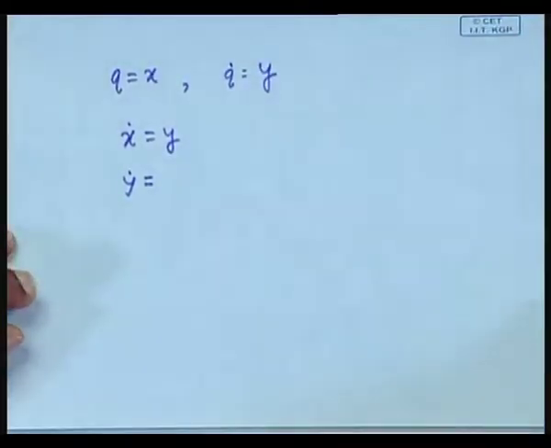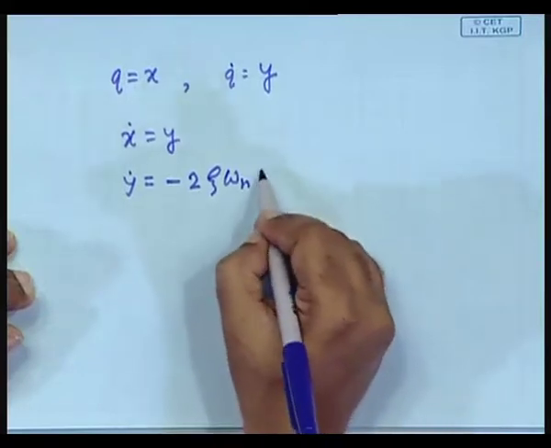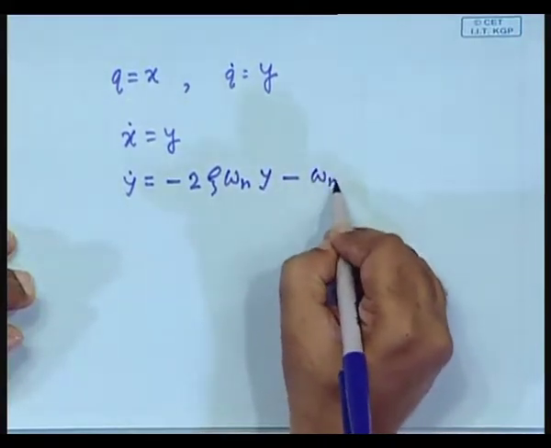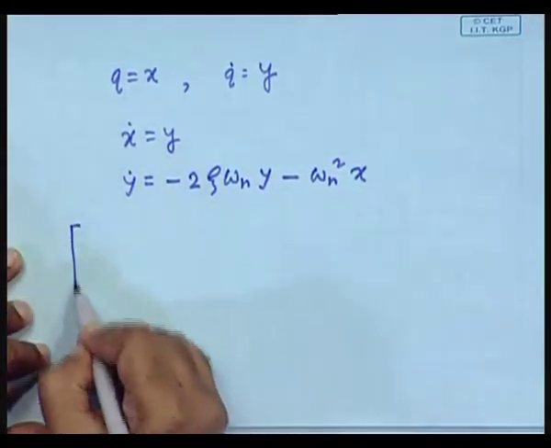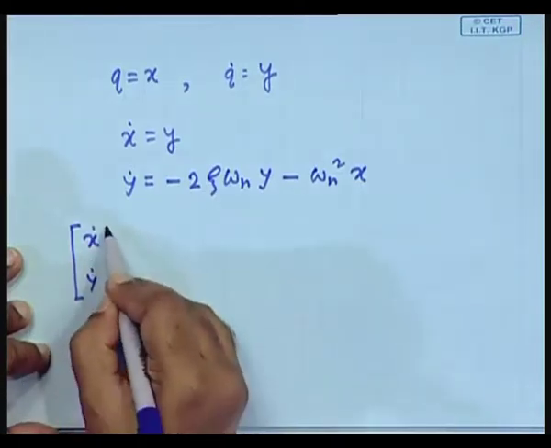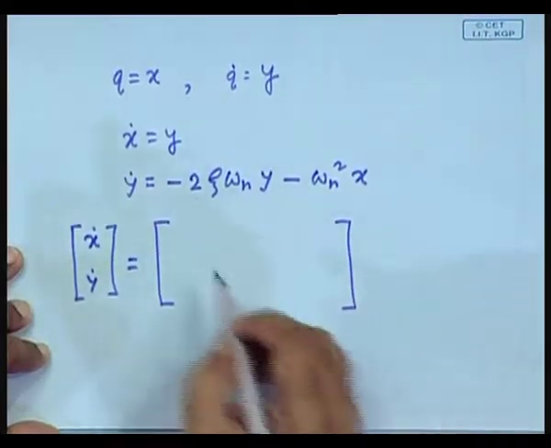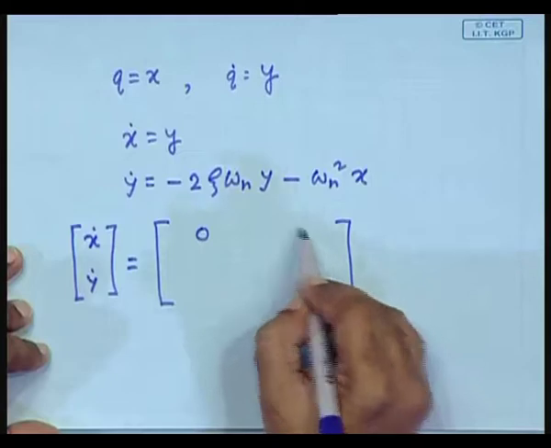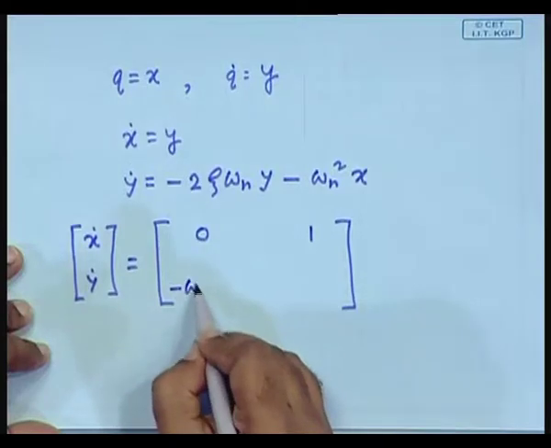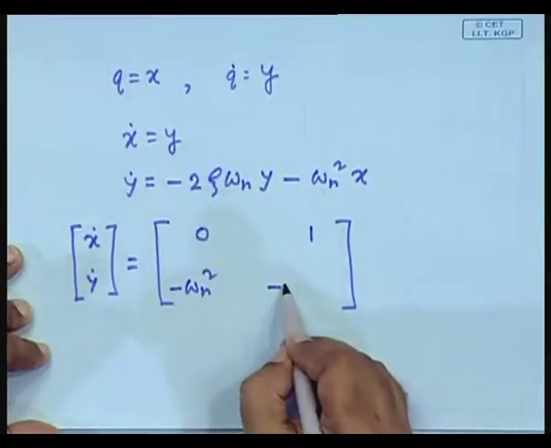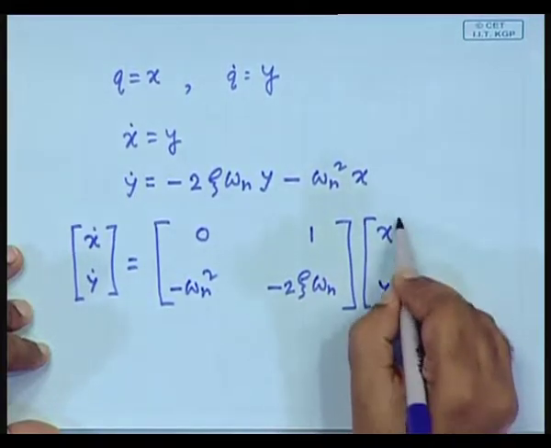It is minus twice zeta omega n y minus omega n square x, which means x dot, y dot is equal to, expressed in the matrix form, [0 1; minus omega n square, minus twice zeta omega n] times x and y.